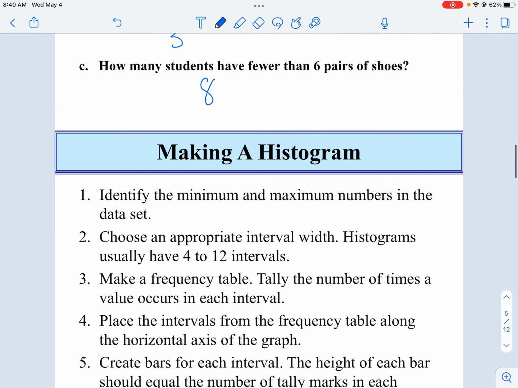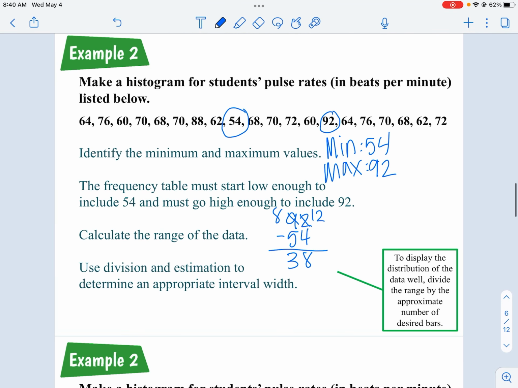Okay, so on this one, since there's more data, we're just going to go with 8. Okay, so I'm going to do 38 divided by 8, and I know I'm going to get a decimal, but I would get 4.75, so I'm going to round that up to 5. Okay, so that means my interval width needs to be 5.